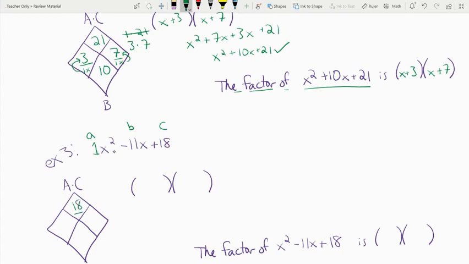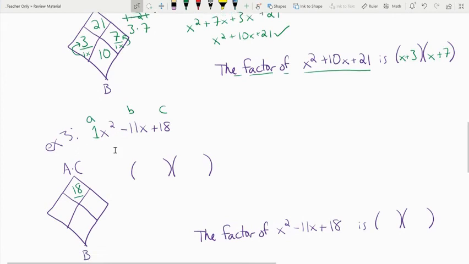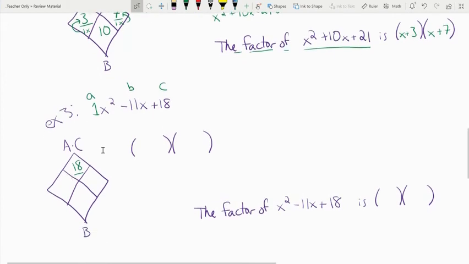The bottom of the diamond, remember, we put B, which is negative 11. You have to remember that this negative here goes with that B value. They go together, just like the positive went with that 18. So you have to bring that negative down, okay? So we have negative 11.